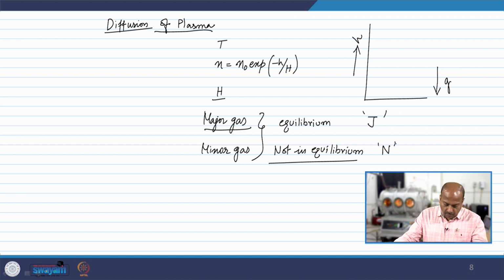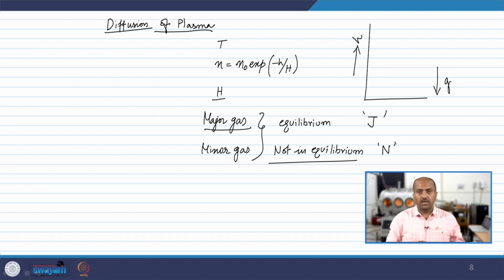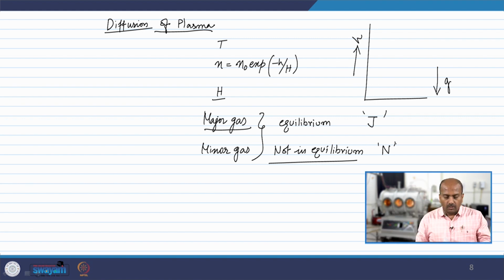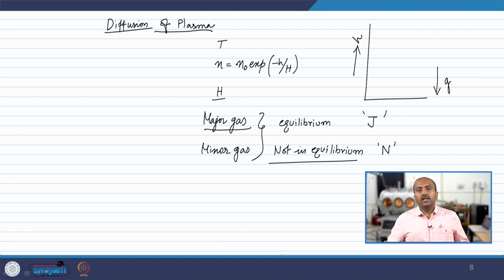Let us say the major gas J is at rest with respect to the distance. Okay. So, it is in equilibrium and it is at rest. So, it is uniformly distributed, that is what I wanted. The major gas is at rest and uniformly distributed within the volume, and there is no gravity field.